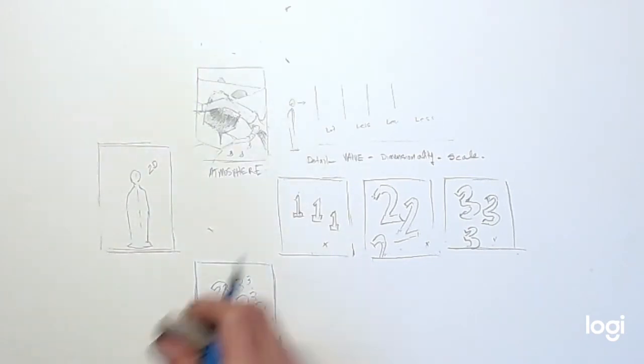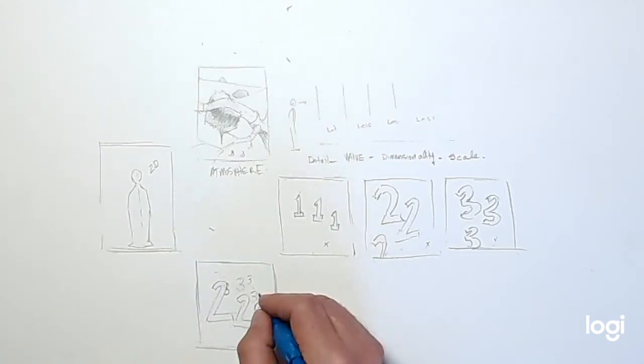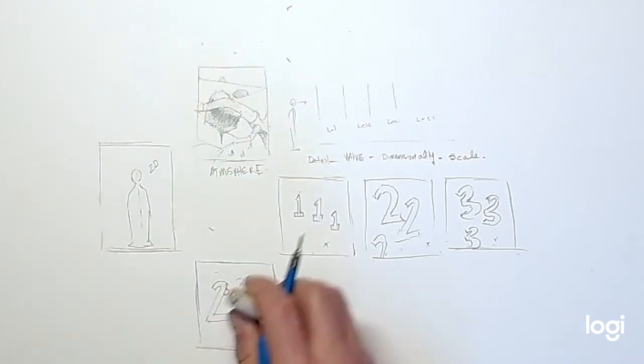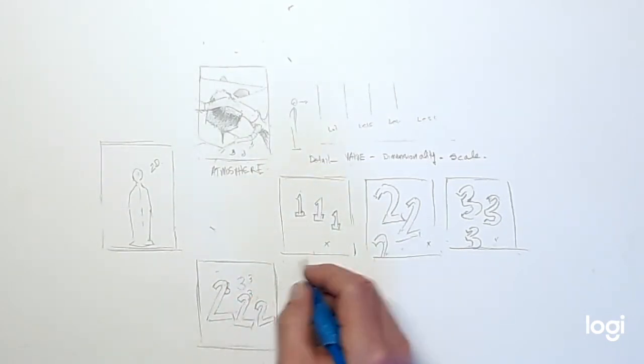And some of them, it's nice to have these overlaps. Overlaps are a good tool. At the point of overlap, scale becomes really nice and obvious.